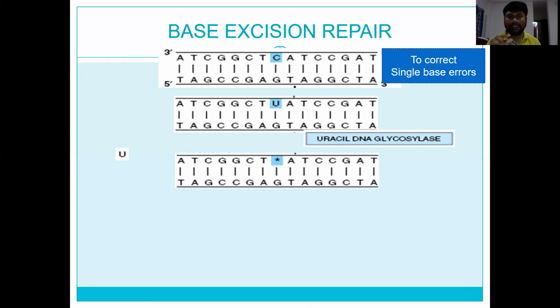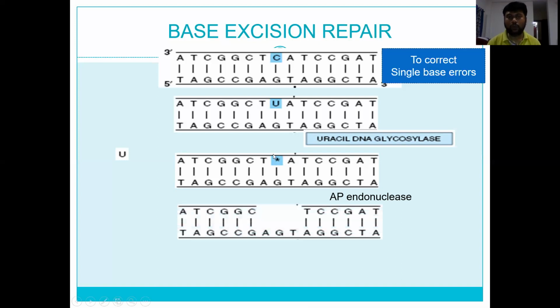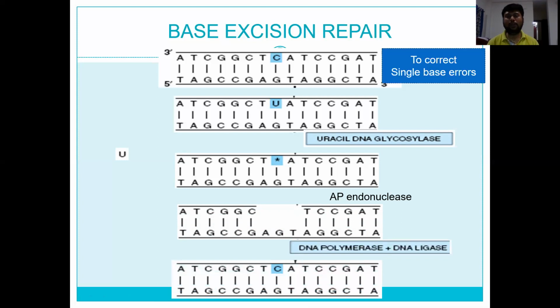Now this AP site will be identified by another enzyme called AP endonuclease. It will remove the phosphate and sugar backbone along with a few other nucleotides to create a gap. As usual, this gap will be refilled by DNA polymerase and DNA ligase, which completes the process.